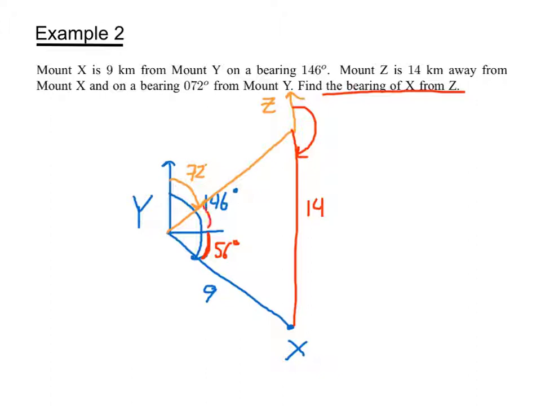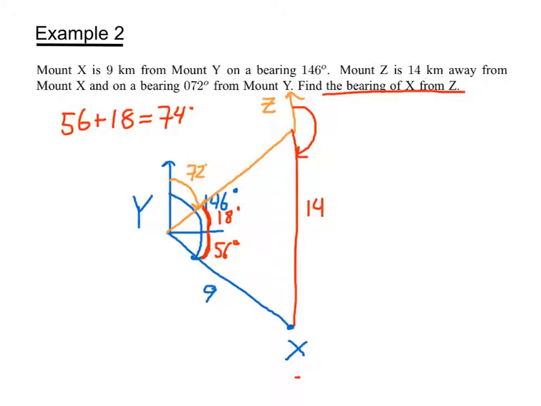We also know that this angle right here is 90 minus 72, which is 18 degrees. So I know the angle inside the triangle at point Y is 56 plus 18, which equals 74 degrees.